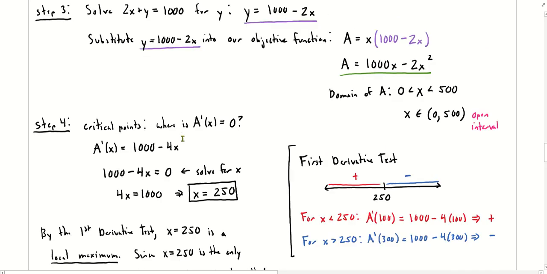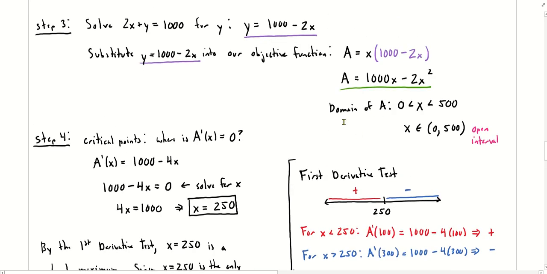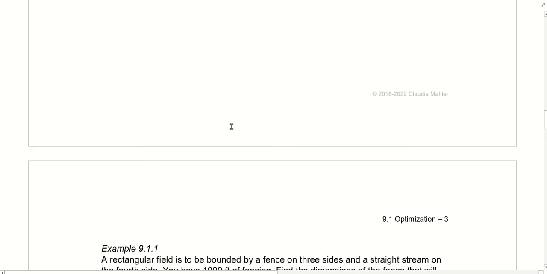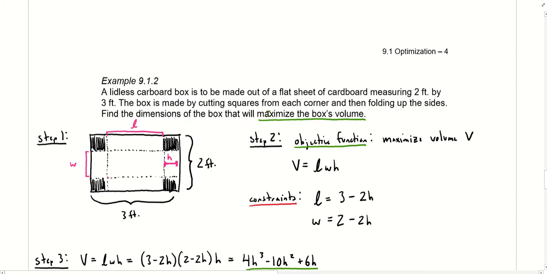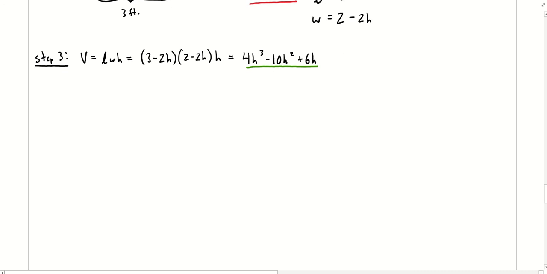Now, just like we did in the previous example, I also want to state the domain of my function. So that's also part of step 3. So this is the domain of v, and my variable here is not x, I'm calling it h for height. So this is like my volume equation in terms of h.